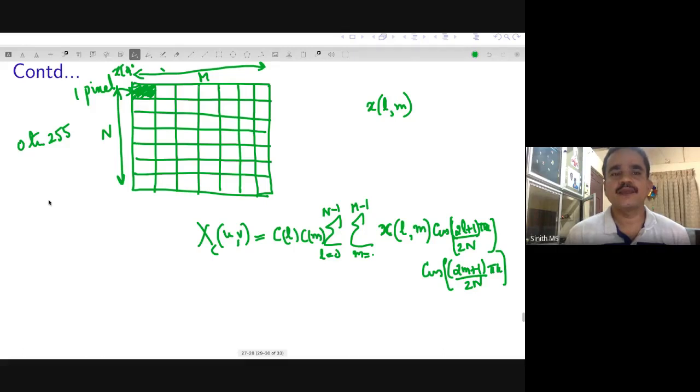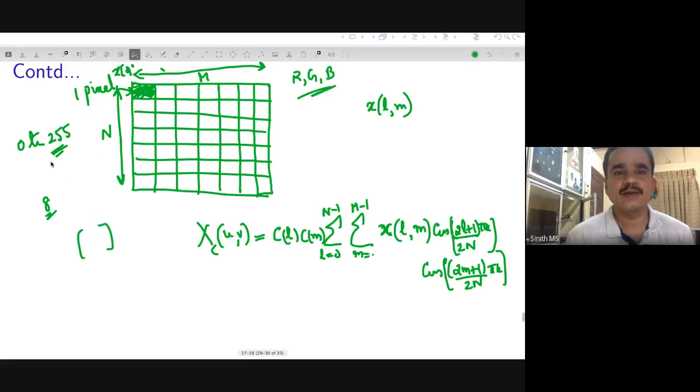If you use 8 bits, you will have 0 to 255 different values, and therefore there could be different colors like red, green, and blue, and three different arrays or three different values for this particular pixel. So with those substitutions, you can find the coefficient corresponding to X(u,v).